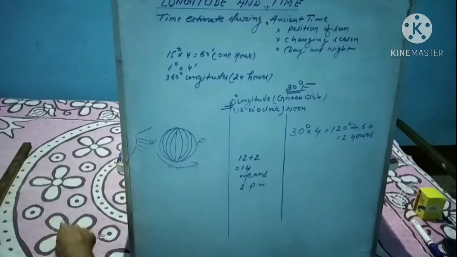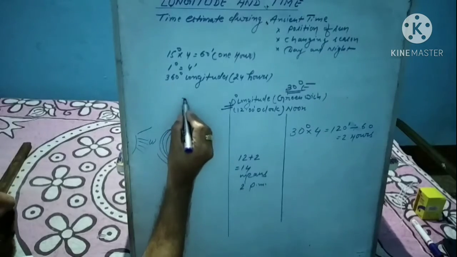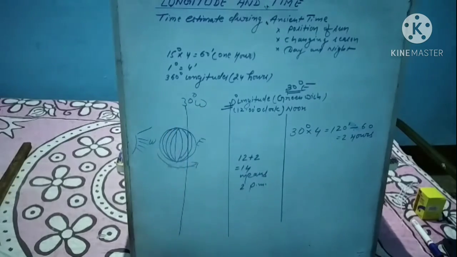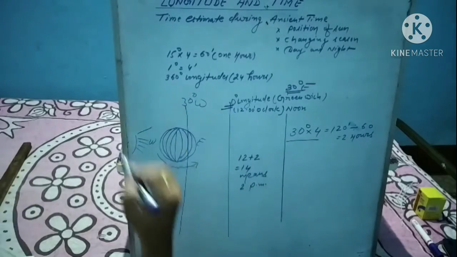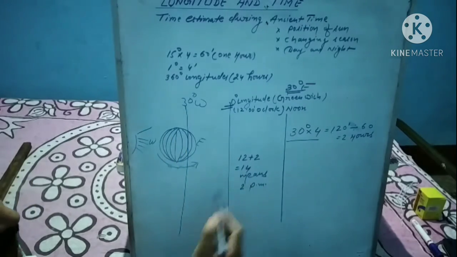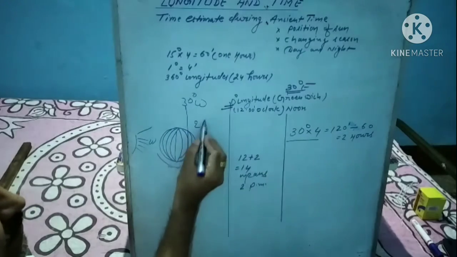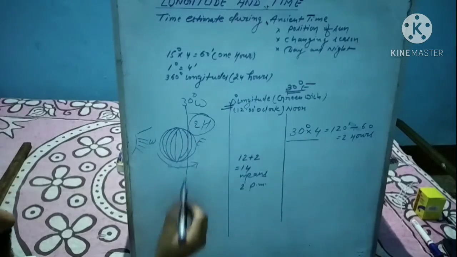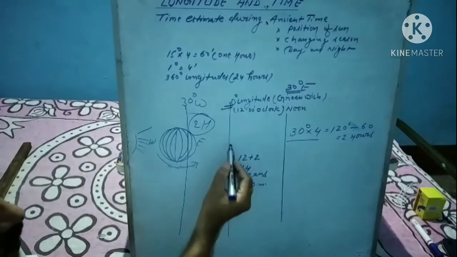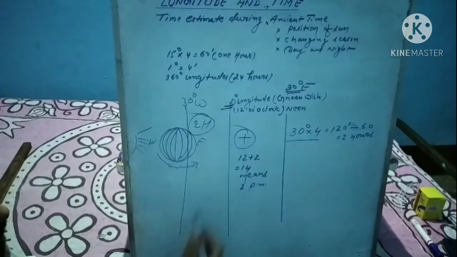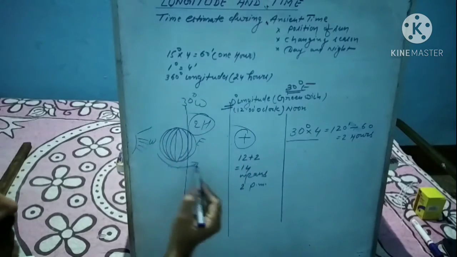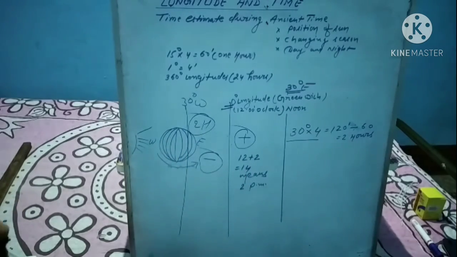On the other side, if we change the position, if we draw here one line and give the value 30 degree west, then what happened? The calculation is similar for this data also. We got 2 hours, but as we know, from 0 degree towards the east direction time will increase, and from 0 towards the west direction time will decrease.